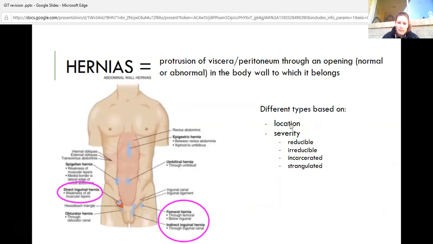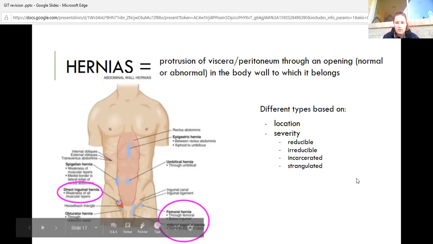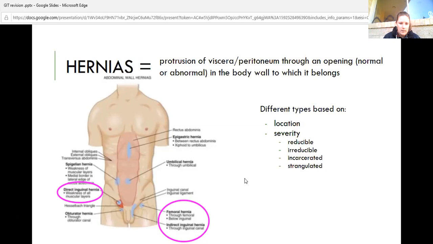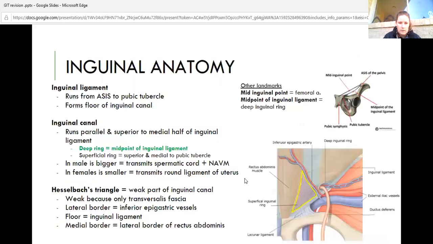The main ones for second year is just to know the different locations they occur at, but they can also talk about reducible, which is can it go back in, or if it's incarcerated or strangulated, so if it's stuck and the blood supply is cut off. The common ones are the direct inguinal hernia, indirect inguinal hernia and the femoral hernia. There are other ones that might be good just to be able to rule out in multiple choice, but you're probably not going to be tested on them.